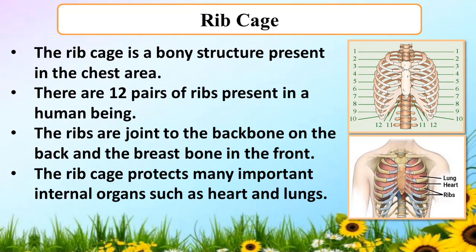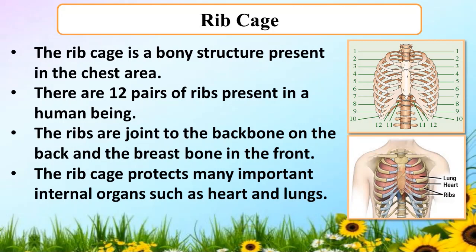Let us first learn about the rib cage. The rib cage is a bony structure present in the chest area. You can easily feel it each time you keep your hand on your chest. The ribs are short, flat, curved bones.